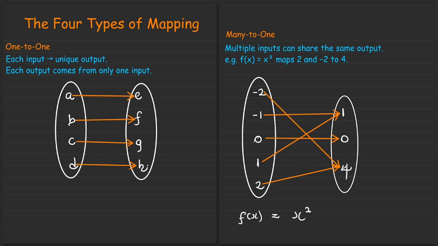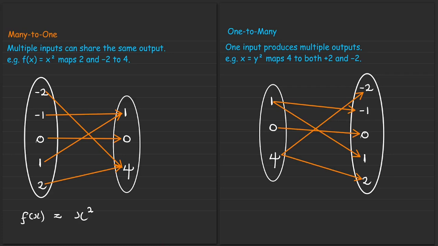Then let's look at the 2 other examples of mapping that are obviously not functions. When it comes to one-to-many mapping, we say that what? One input produces multiple outputs. So an example is an x mapping to y squared.